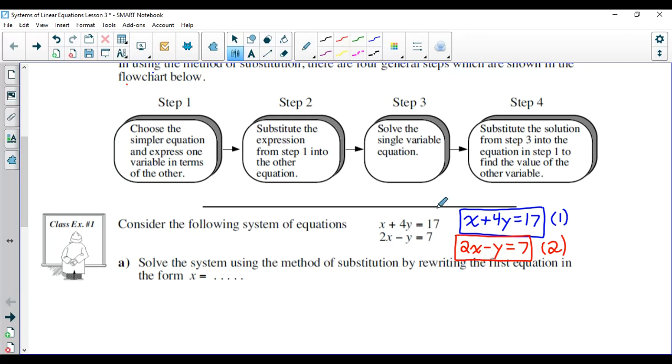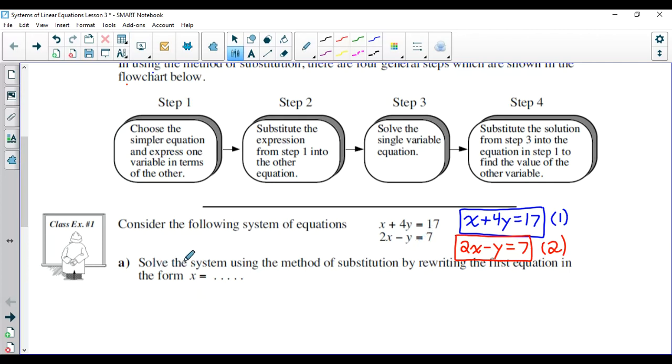Now, this example holds our hand a bit more because it actually tells us how to start isolating one of the equations. Although in the examples on the next page, we're going to have to do a little bit more of this work on our own. Okay, it says choose a simpler equation and express one variable in terms of the other. Both these equations are equally complicated. Both of them have 3 terms, so there's not really one you want to start off with.